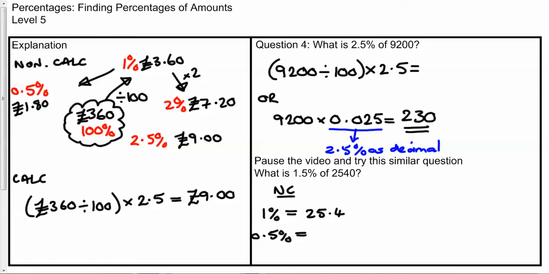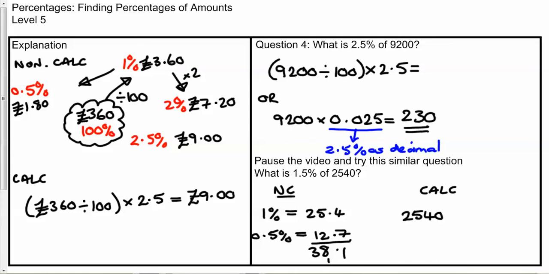Now half of 25 is 12.5 plus the 0.2, which is half of that, we end up with 12.7. And if we add those two together, then we get 7 plus the extra one is 8. We get 38.1.